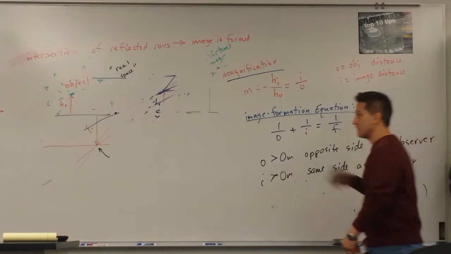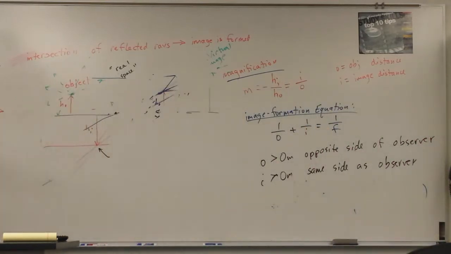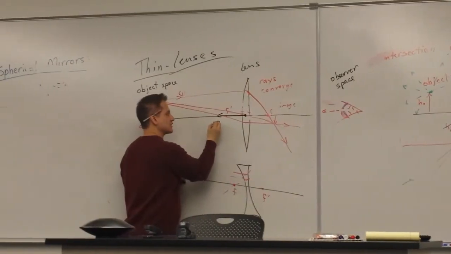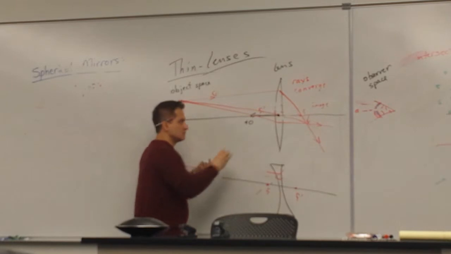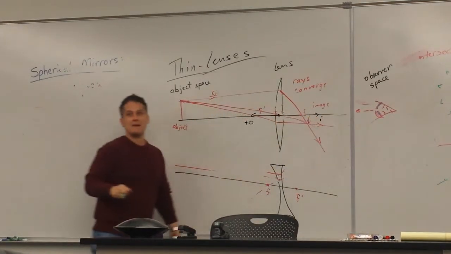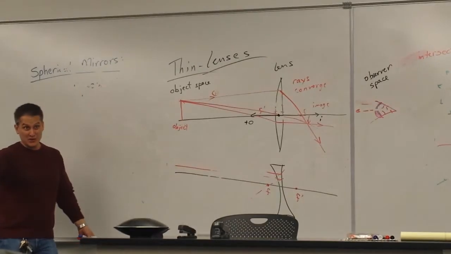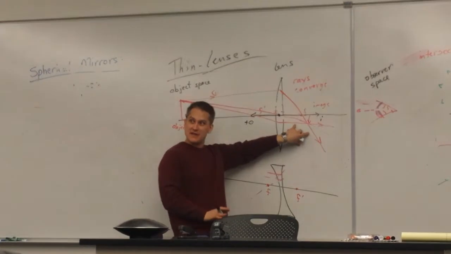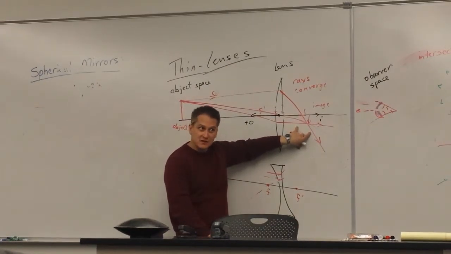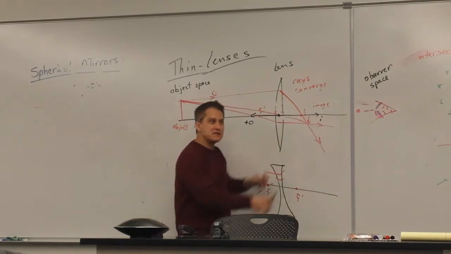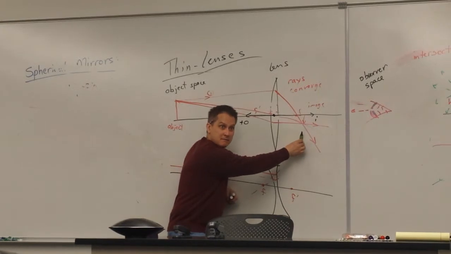Okay, now what this means for practical purposes, if we look at our ray diagram, is that in object space, O is positive in this direction. In observer space, I is positive in the opposite direction. So it's exactly backwards from mirrors in that respect. But the reason for positive image values here is that if you have an image formed on this side, you can put a piece of paper there and physically see it.